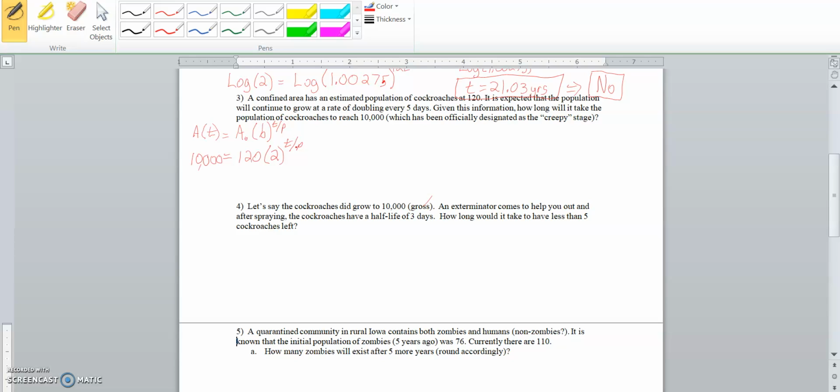Let's do some simplification. So 10,000 divided by 120. You know what? I'm just going to leave things as is.